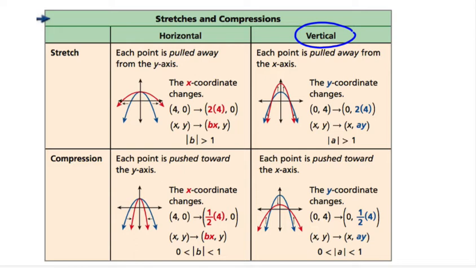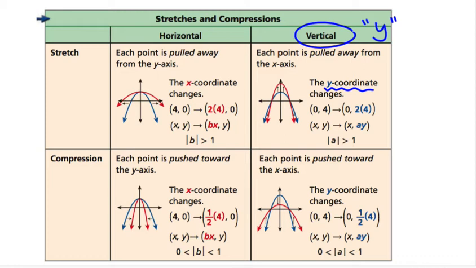What happens on the vertical axis? So that's your y coordinates. So whenever you see vertical, think the y values. So if I have an ordered pair 0, 4, and I want to pull it away from the x-axis, and I want to multiply it by 2, I am stretching it.